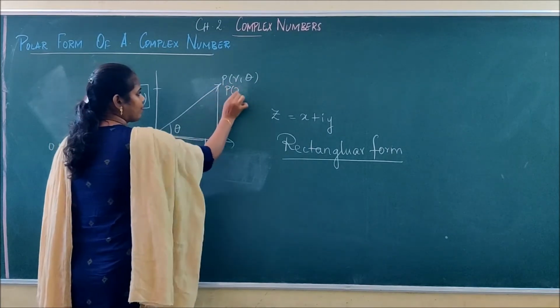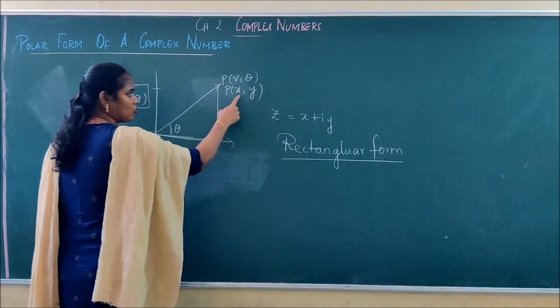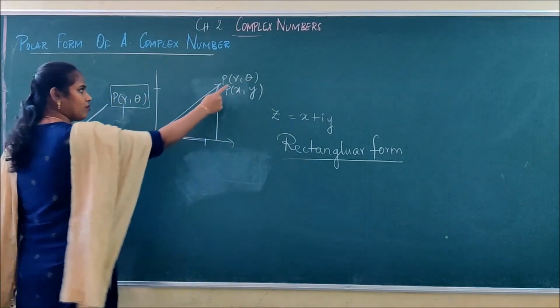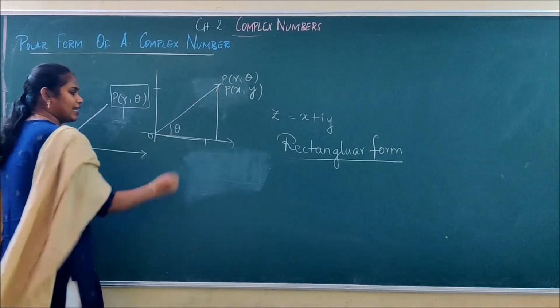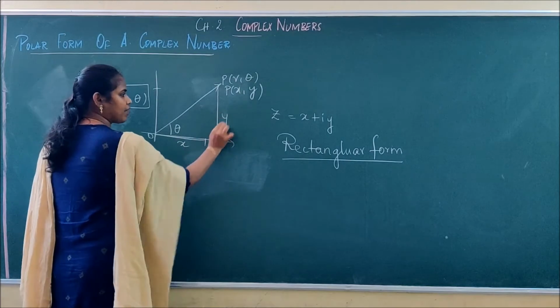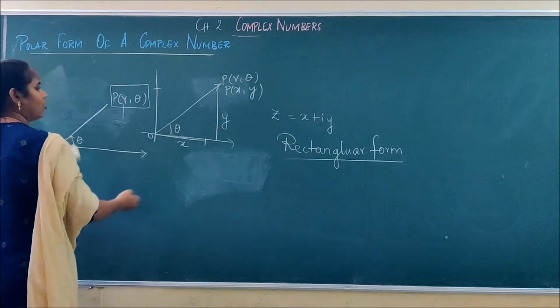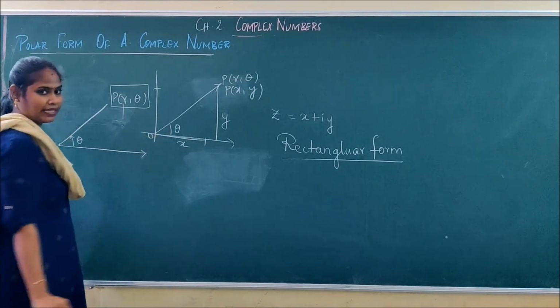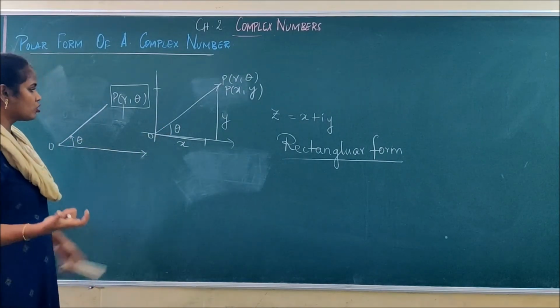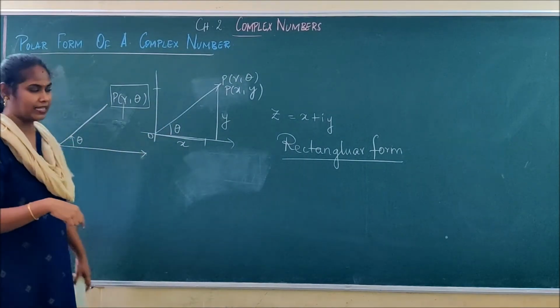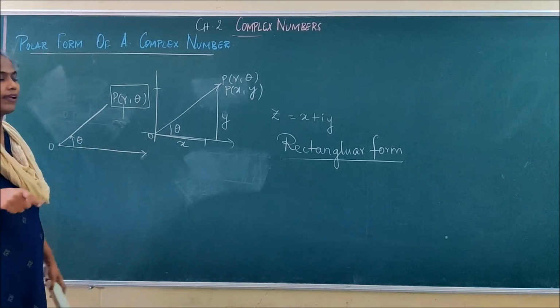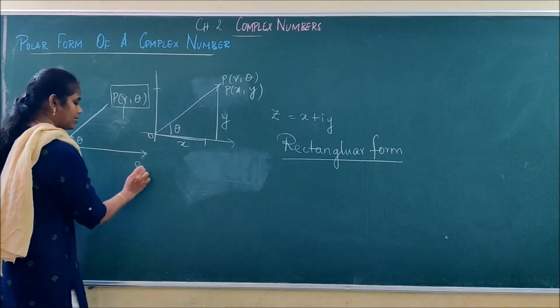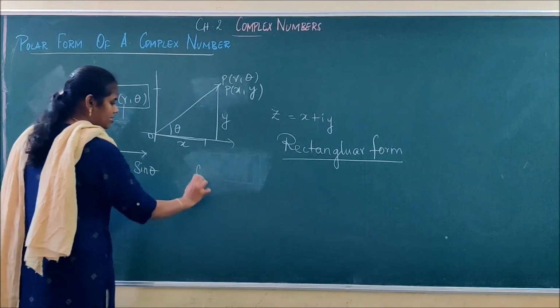This is P of x comma y. I am going to find the value of x in terms of the polar coordinates, and this is my x and this is my y. I am going to use the angle and the side here, and whenever we use an angle and a side to find the other side, we use trigonometric ratios, that is sine theta and cos theta.